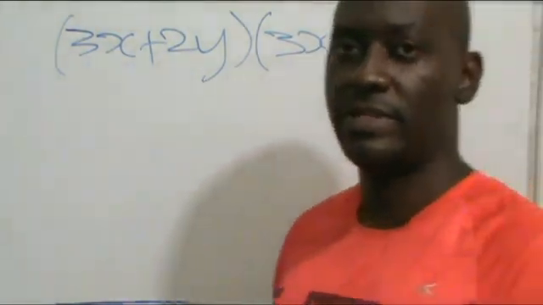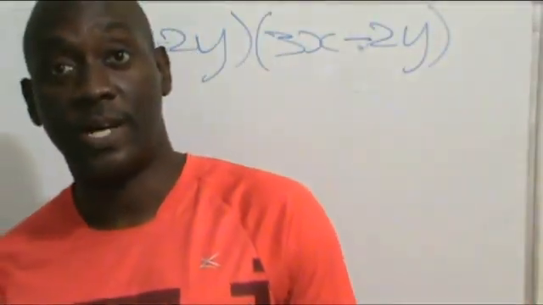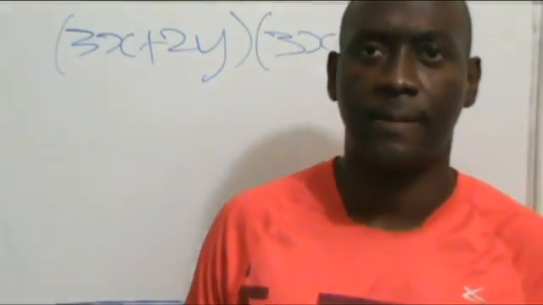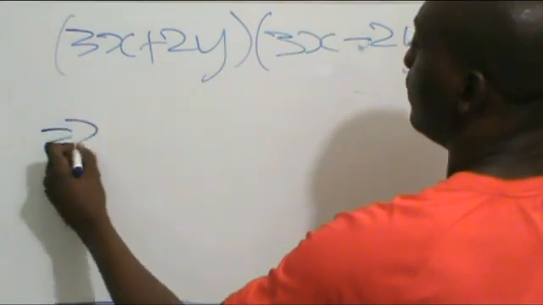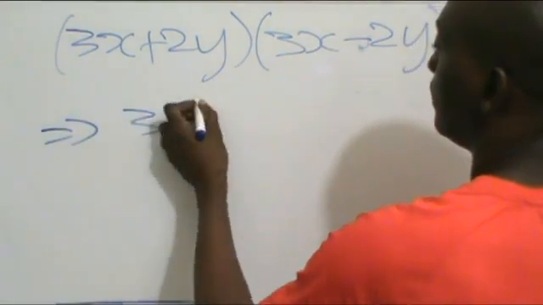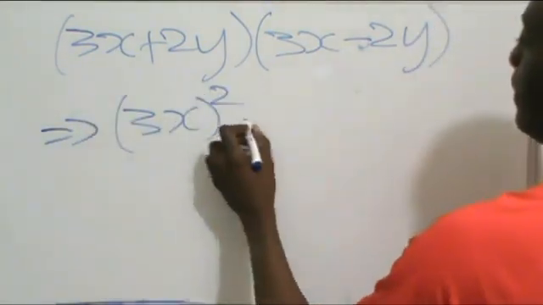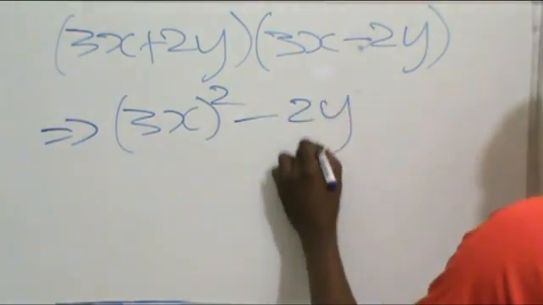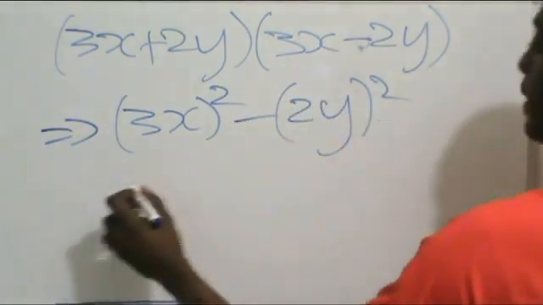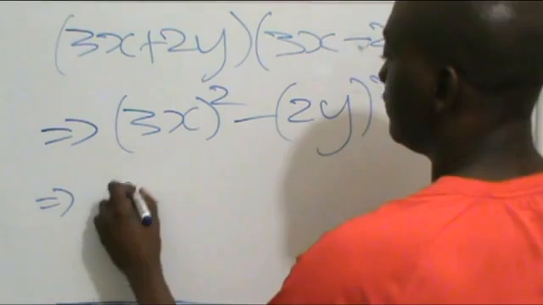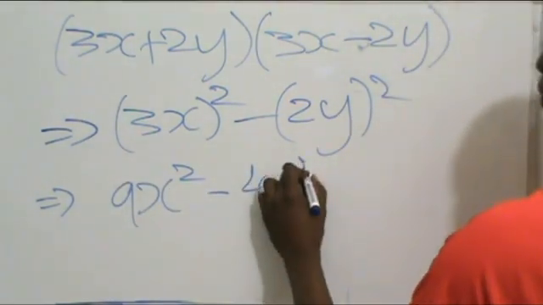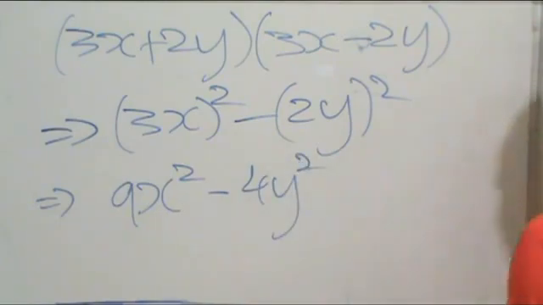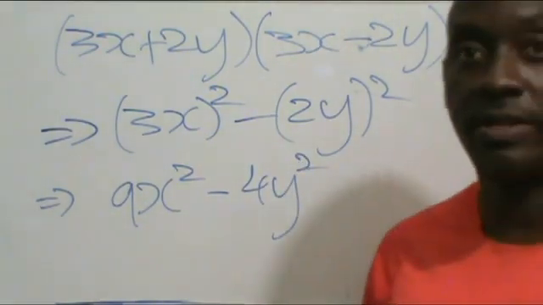Again, difference of two squares. 3x plus 2y into 3x minus 2y. Alright, you would have as equal to 3x in brackets squared minus 2y in brackets all to be squared. 3x squared is still 9x squared, and 2y squared is still 4y squared. End of this discussion. Alright, story done.